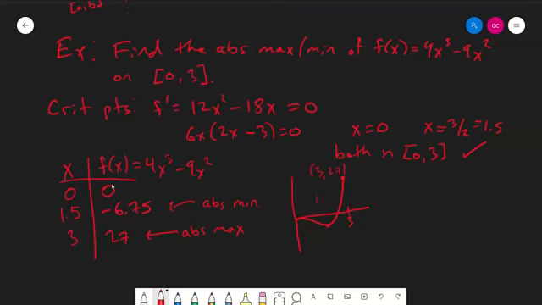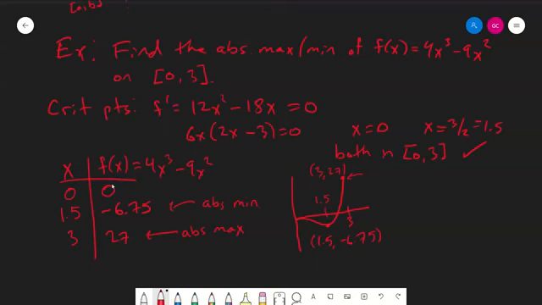And that's the local minimum, which happened at an x value of 1.5. So that's the point (1.5, negative 6.75). And so the absolute minimum occurred at this local minimum that was in the middle, whereas the absolute maximum occurred at this endpoint right here.